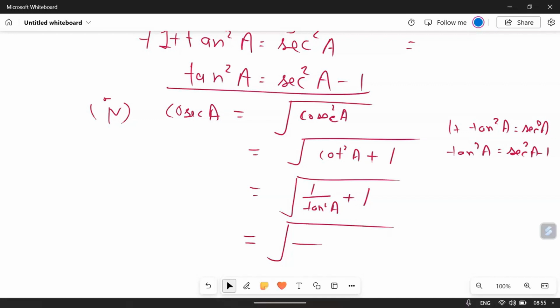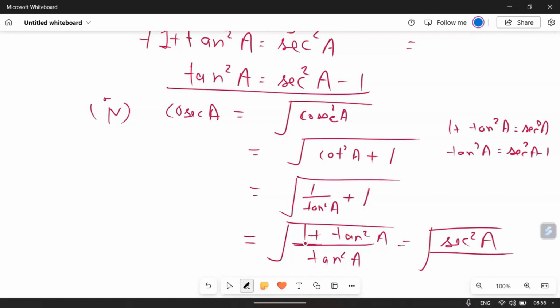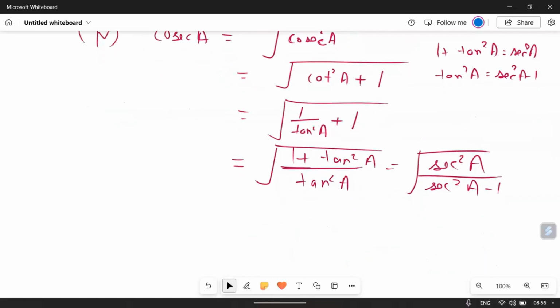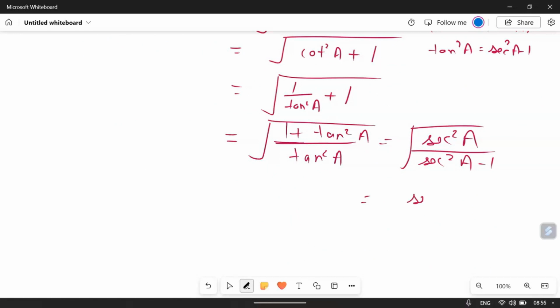After taking the LCM, 1 plus tan square A can be written as sec square A, and downwards also from the formula sec square A minus 1, and you can take it out, so it will be sec A upon under root sec square A minus 1.